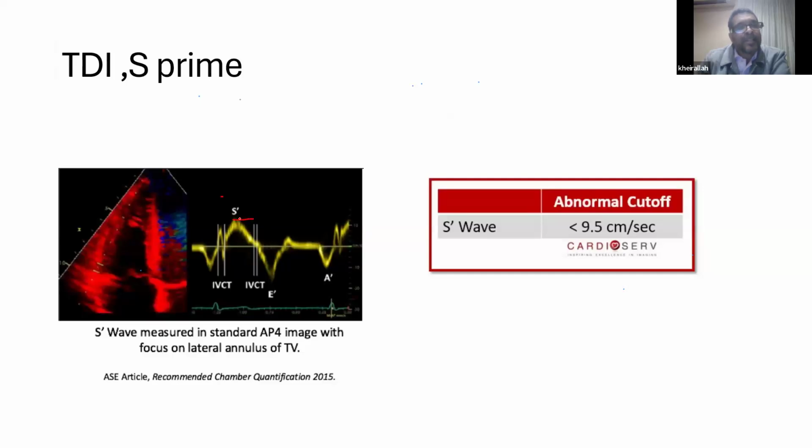And this is the S prime. What's the meaning of S prime? It is the peak of systolic contraction. So if it is lower than 9.5, meaning that the RV is weak. It has to be more than 10. If it is less than 9.5, meaning the RV is weak. So TDI S prime is another way of evaluating RV systolic function.